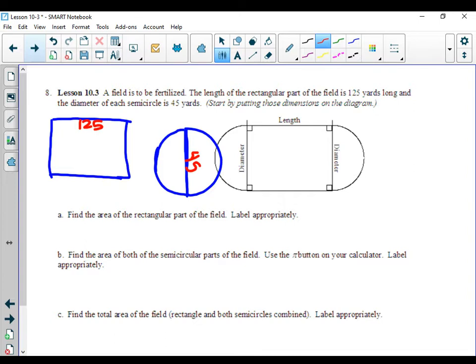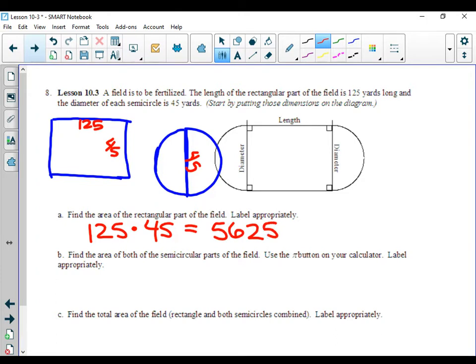Yeah, look at that. It matched up with the side of the rectangle. So it says, number 1, area of a rectangle. 125 times 45. Allison, 5625? Yeah. Thank you.